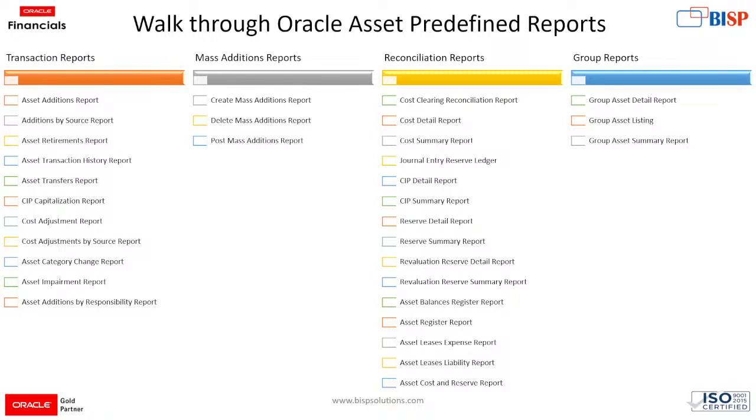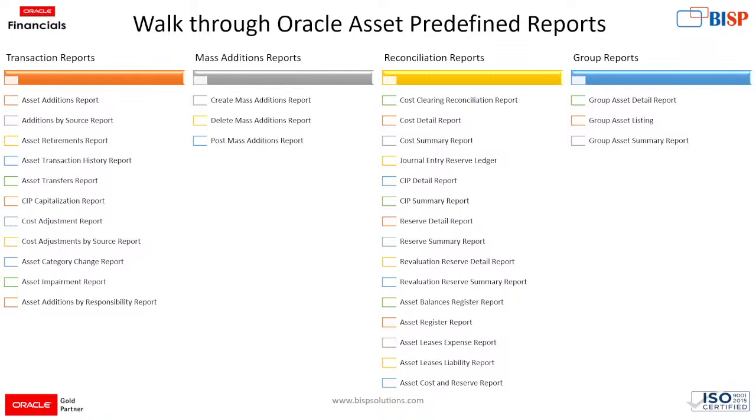Asset category change report. The list of all assets for which the asset category has been changed during the specific period, sorted and grouped with totals for each balancing segment, asset account and asset number. Asset impair report.